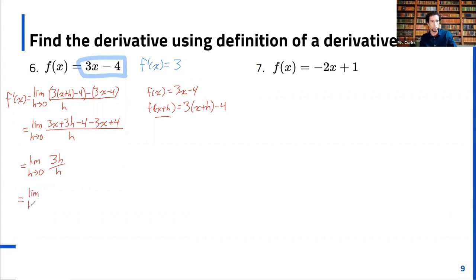So limit as h approaches 0 of 3. And now what? Like h cannot be 0 because it's in the bottom, right? Is there an h on the bottom of the fraction here?